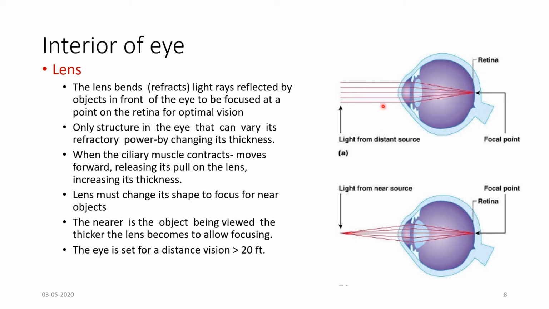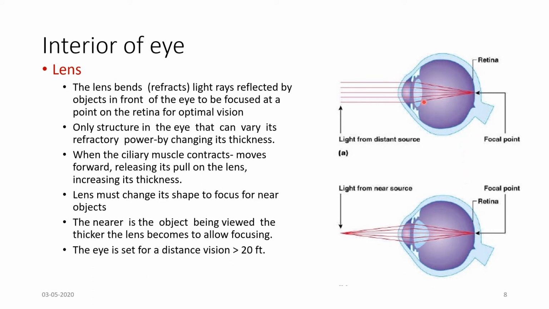If you observe, the lens will bend the light rays reflected from the objects in front of the eye to be focused at a point on the retina for maximum vision or optimal vision.